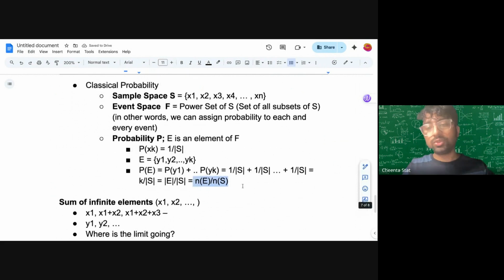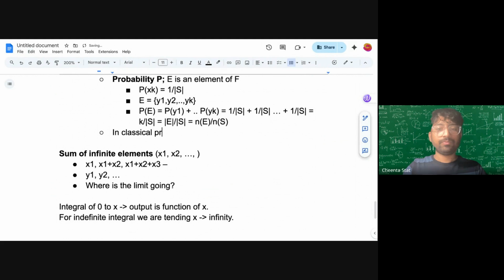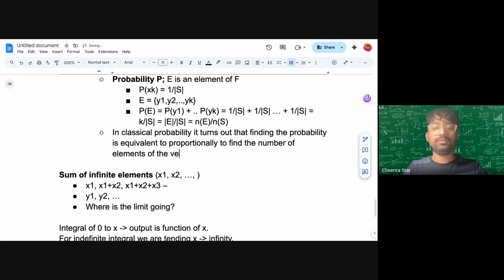What it turns out to be in classical probability is very important. In classical probability, finding the probability is proportionally equivalent to finding the number of elements of the event set.